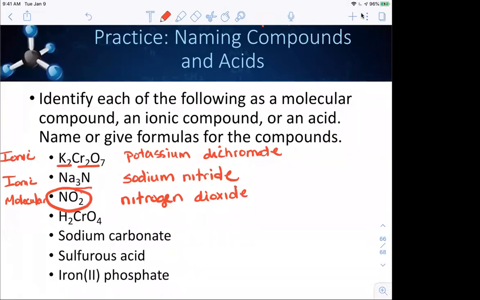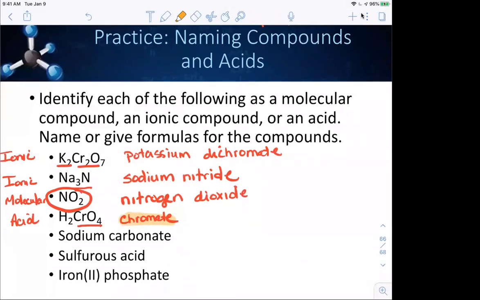This is an acid. So I want to look at what polyatomic that is, right? That's an oxyanion. That's called a chromate ion. No, it's not.